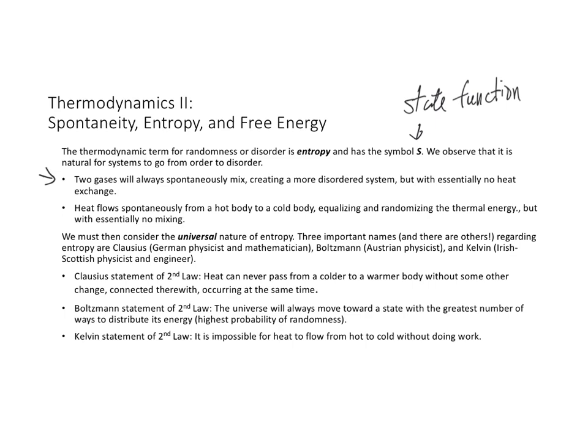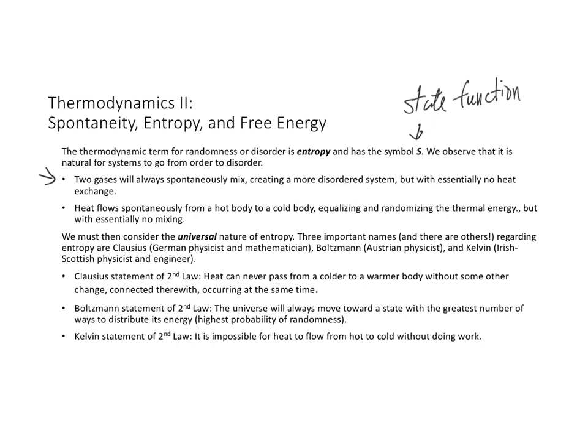Heat flows spontaneously from a hot body to a cold body, equalizing and randomizing the thermal energy. Because we give it more space in which to exist, it takes more space. This again is an example of nature's tendency to randomize or to become disordered.